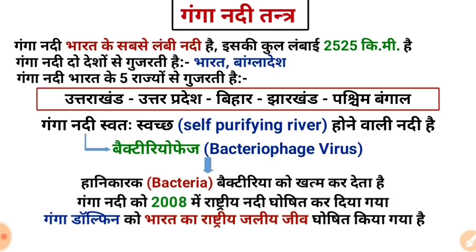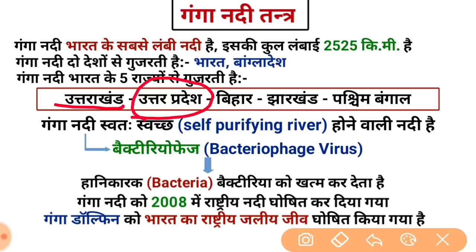After that, let us see that the Ganga river passes through 5 states of India. Which states? This is very important and has been asked many times in the exam. First is Uttarakhand, where it originates. After that it enters Uttar Pradesh, and after Uttar Pradesh, Bihar. After Bihar, it passes through the upper part of Jharkhand. You must have read in many books that Jharkhand is not mentioned in them.